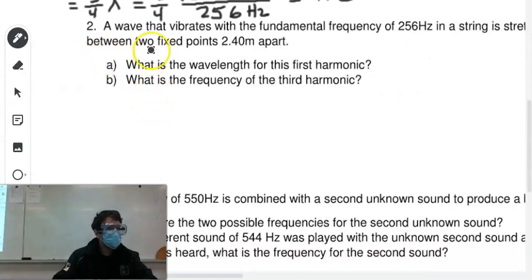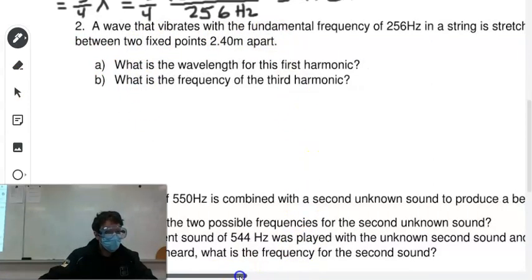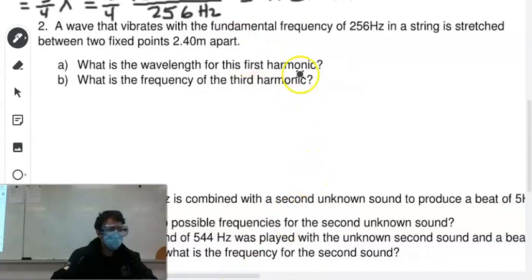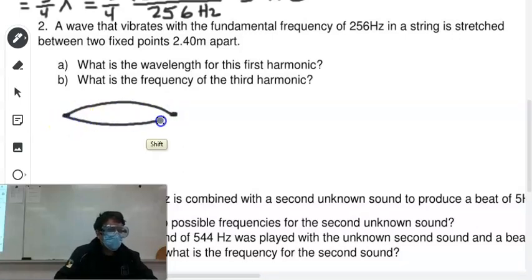So our second question says, a wave that vibrates with a fundamental frequency of 256 hertz in a string is stretched between 2 points 2.4 meters apart. What is the wavelength for this first harmonic? Well, if you have a string, you're creating a node at both ends. So your standing wave would look like this, just like the demo I showed you before on the string.